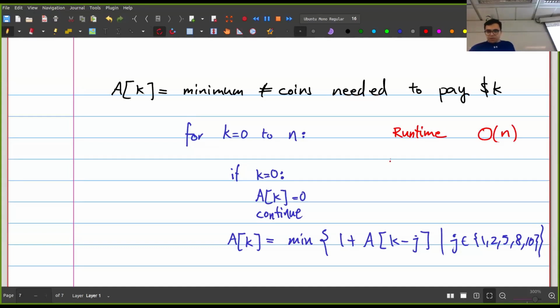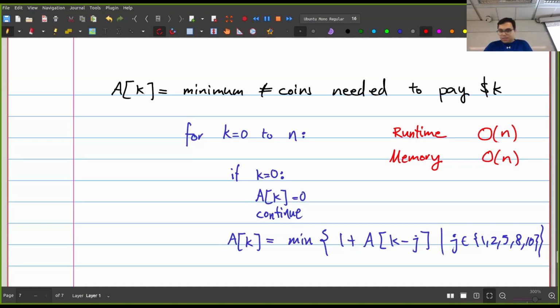How much memory do I have to use? Well, I need this array, right? And because I'm saving this whole array from 0 to n, my memory is also O(n). Now, you can reduce the amount of memory usage here.